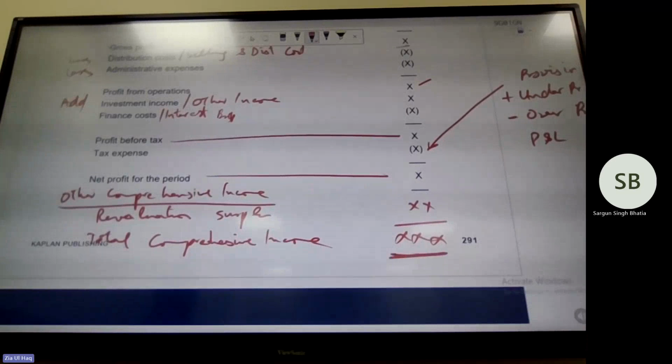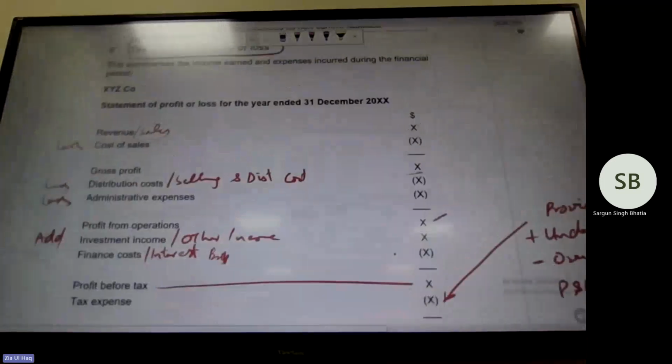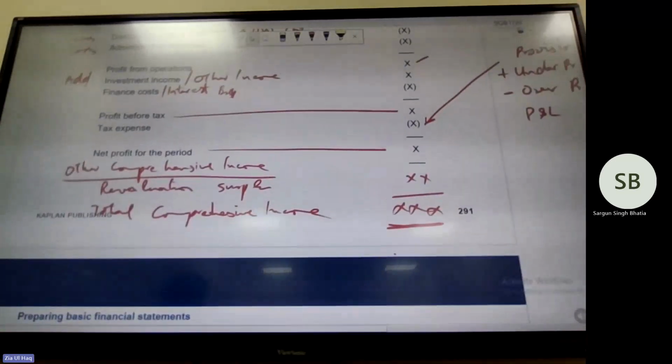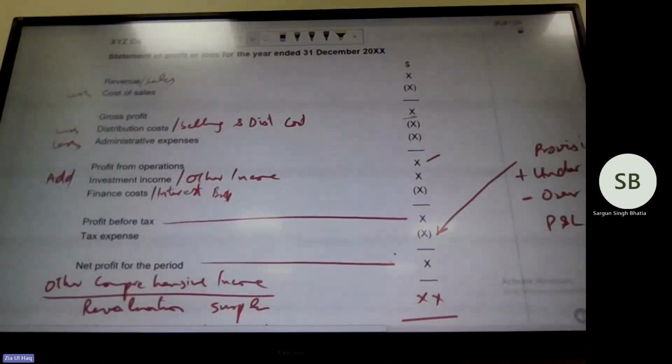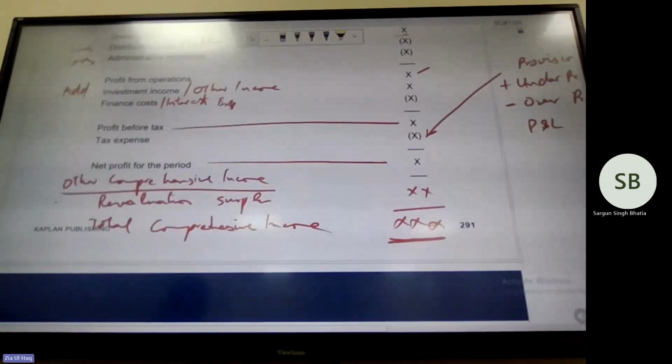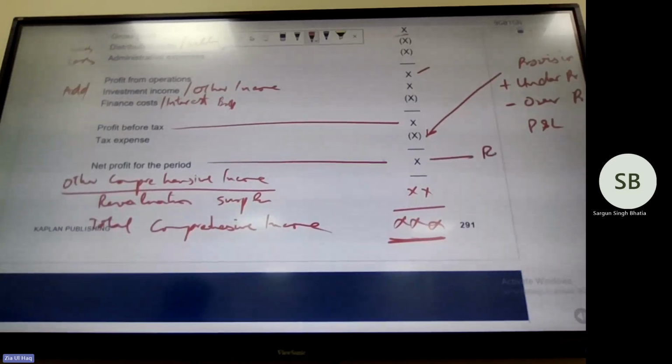So like this, we can prepare the profit and loss account and other comprehensive income. Just calculate the profit normally and then put a heading, other comprehensive income. If there is any, like a revaluation surplus, we will add it and calculate total comprehensive income. This profit figure will go into retained earnings in the balance sheet.